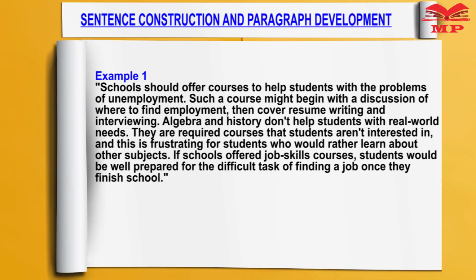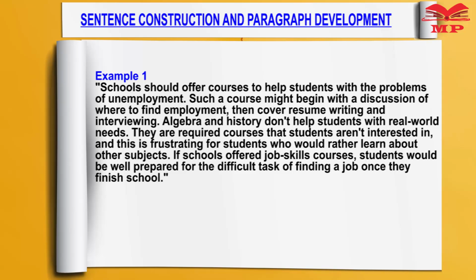Coherence. I'm going to read here an example of a paragraph. Schools should offer courses to help students with the problems of unemployment. Such a course might begin with the discussion of where to find employment, then cover resume writing and interviewing.